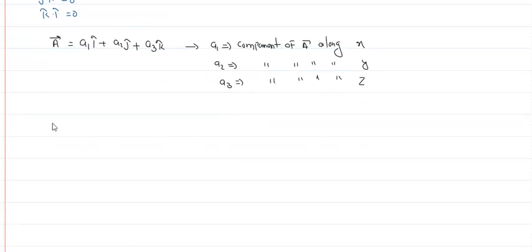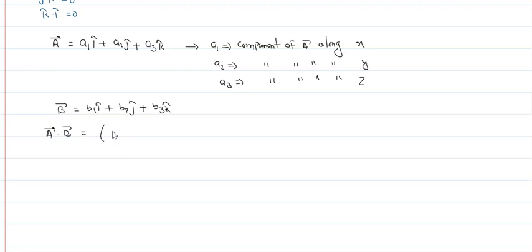In the same manner, you can do it for B vector also. You resolve the components of B into three directions: B1 i cap, B2 j cap, B3 k cap. And I want to find the product of these two vectors, A vector dot B vector.